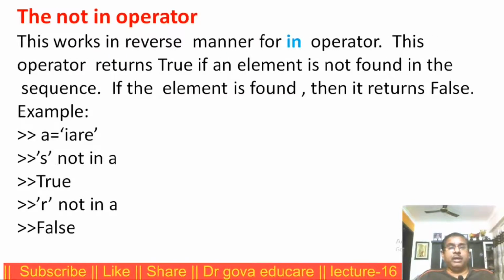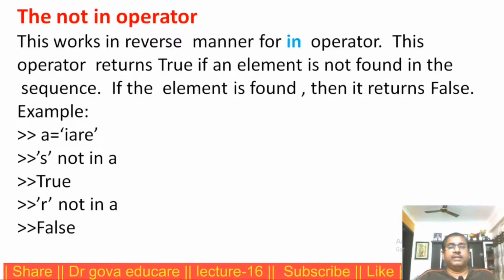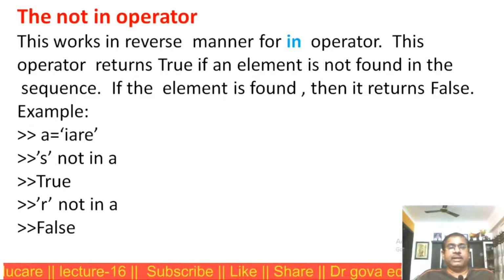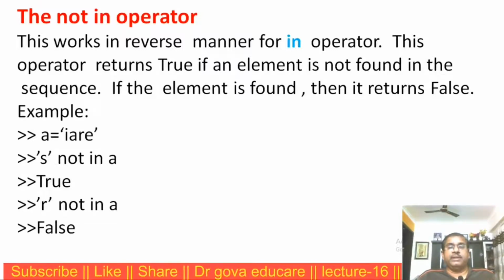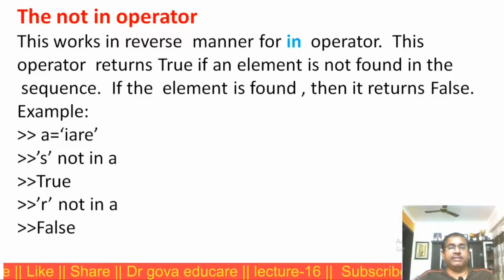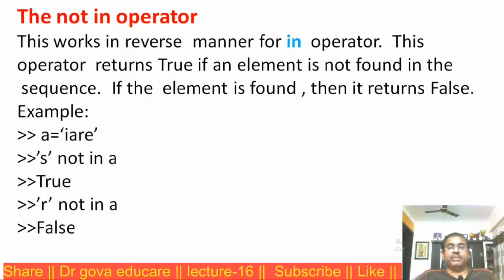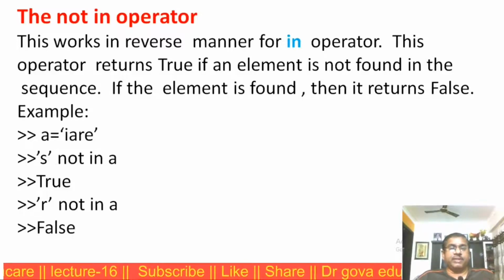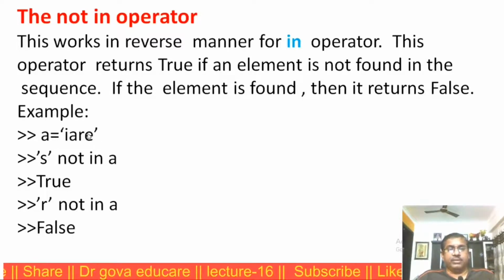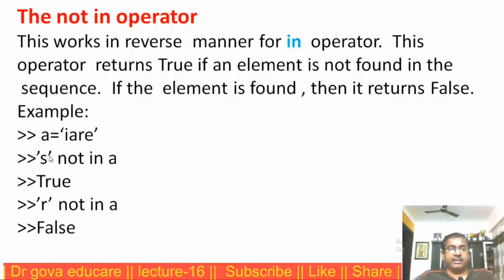The not in operator. This operator works in the reverse manner of the in operator. This operator returns true if an element is not found in the sequence. If the element is found, then it returns false. Say for example, A is equal to "IARE".